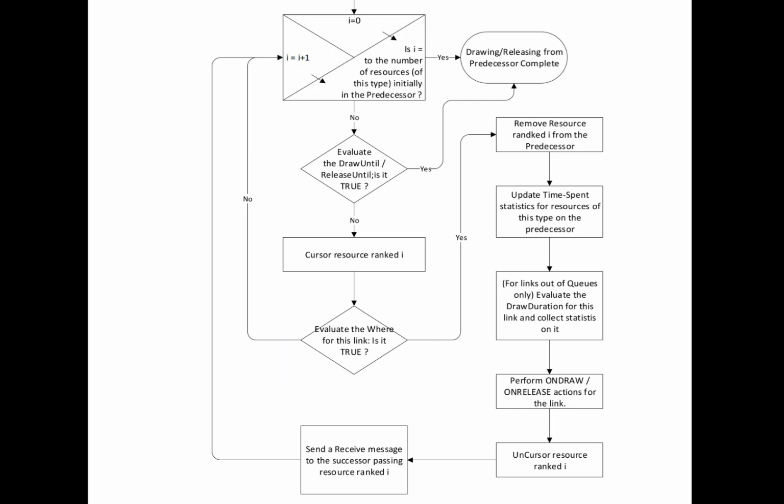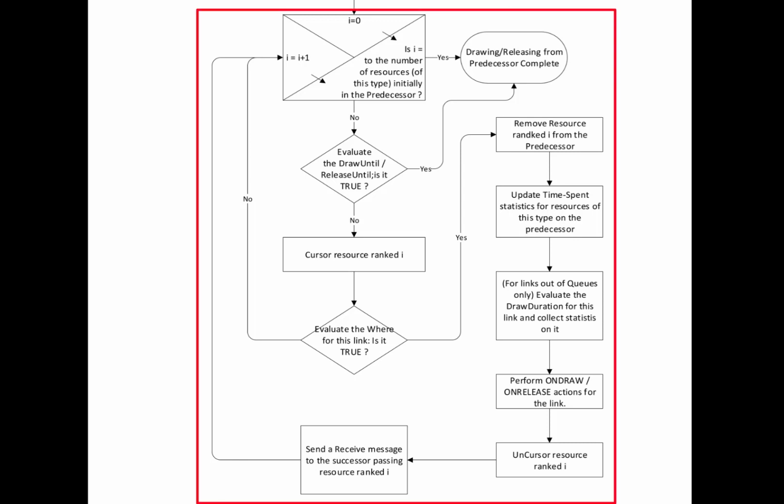Drawing or releasing resources ends in one of two cases. The first case is where Stroboscope has examined all the resources available for drawing or releasing, and the draw until or the release until has not become true. This means that Stroboscope will examine all the resources in line once to see if they can be drawn.